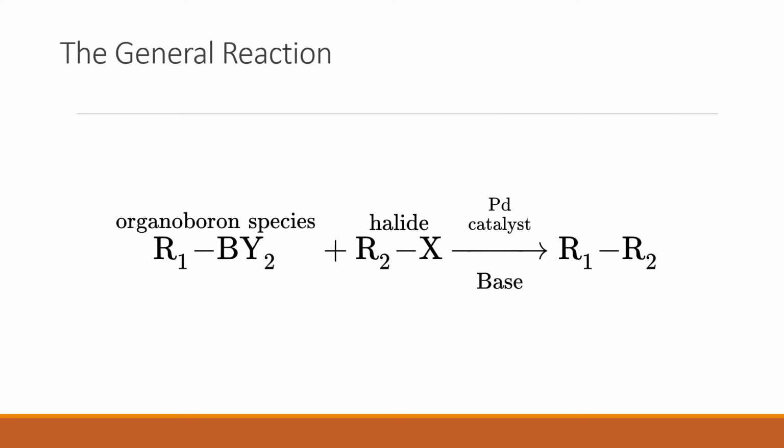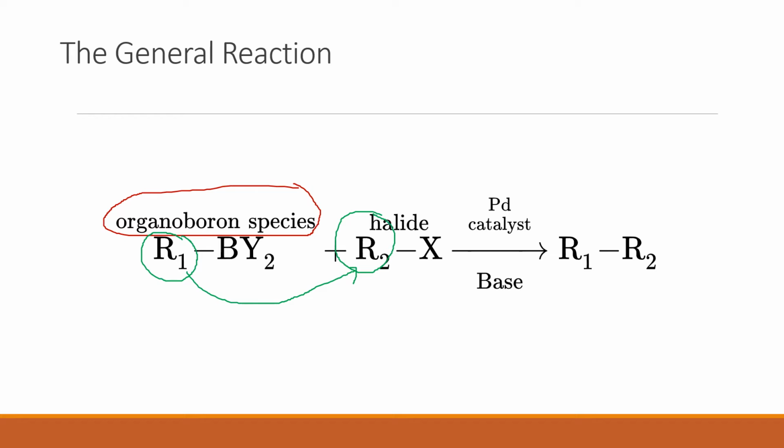The general reaction involves organoboron species. What we want to look at is this R group over here, and this R group is going to be coupled to this R group over here.